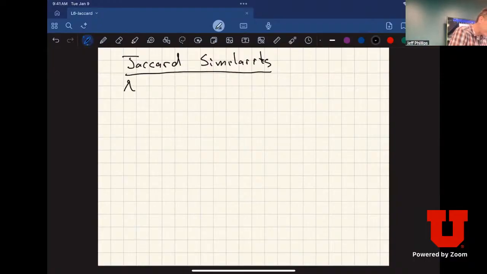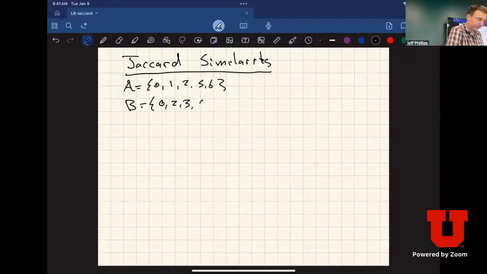So you have two objects. I'll give some examples: {0, 1, 2, 5, 6}. These are sets.